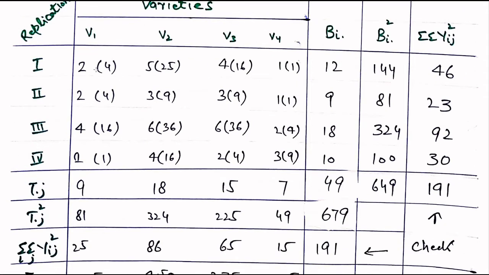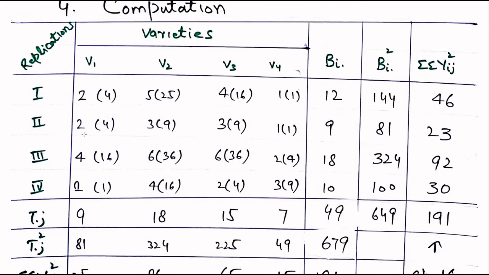Similarly, summing these square terms, we get Yij square, so this is 191. On the column side, T dot j, so j is the variation on the column side, and dot because there are a number of rows. This is T dot 1. Adding these terms, 2 plus 2 plus 4 plus 1 is 9, T dot 2, 6 plus 4 is 10 plus 8 is 18, and similarly T dot 4.